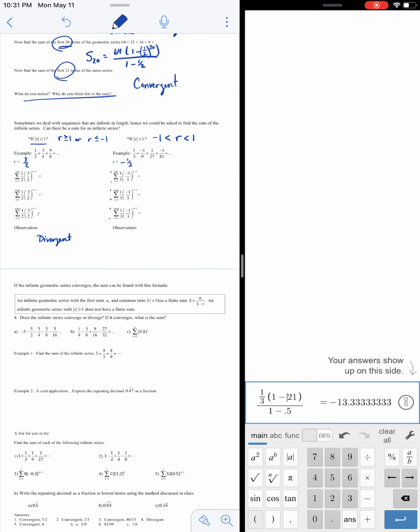So I'm going to put that in parentheses, -1/3. And then I raise that to the, let's do 100.